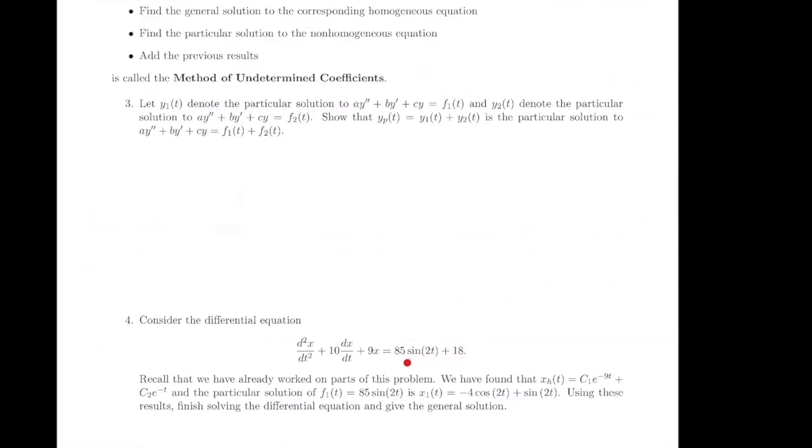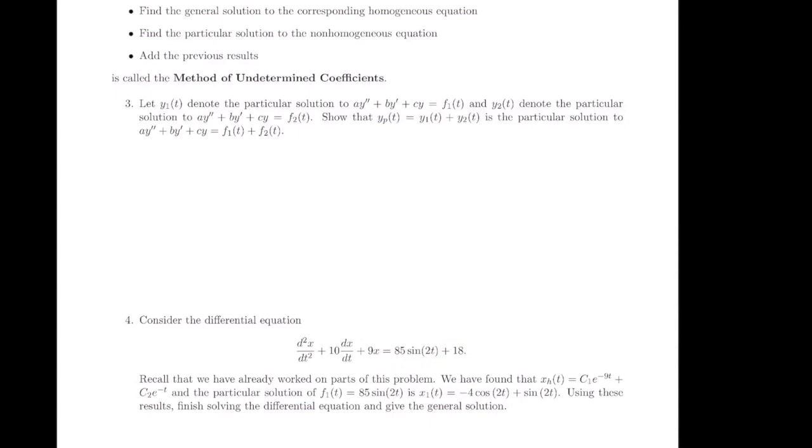Our forcing function is not just a trig function, and we can consider the other like a power function with the power being 0. So when we have a forcing function which is a sum of different components, we find a particular solution for this, and we find a particular solution for that, and then we can add the two particular solutions together. So we do the similar thing that we did previously.